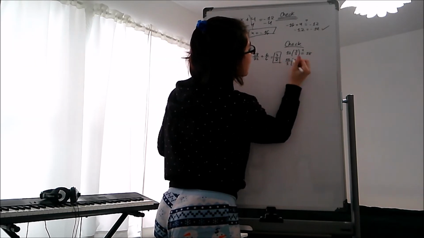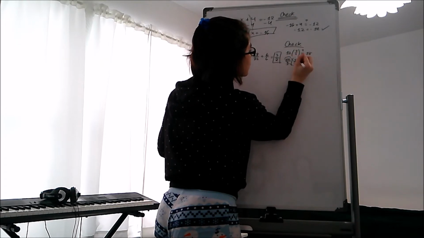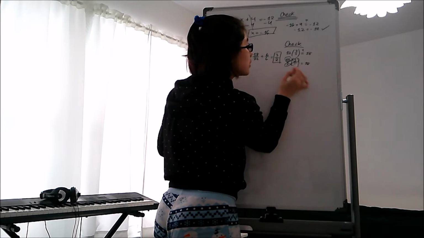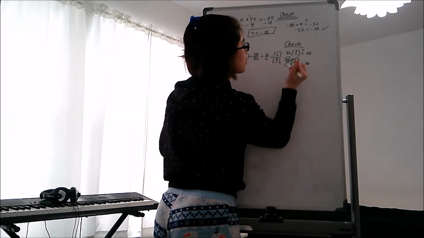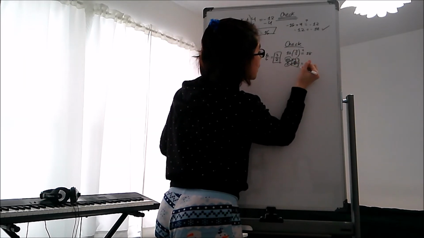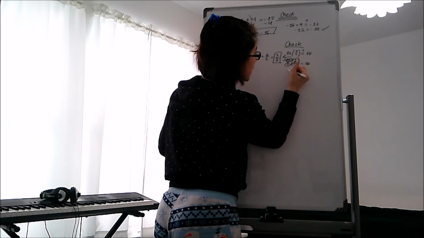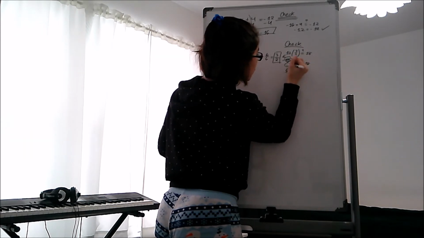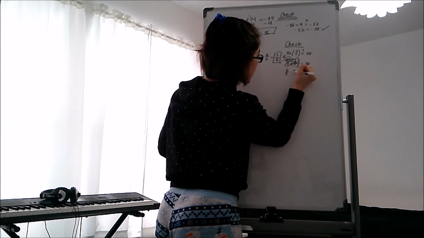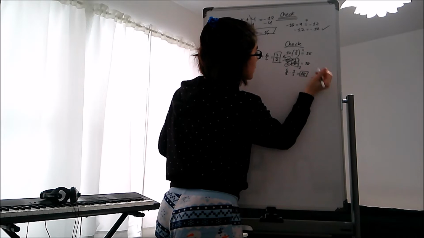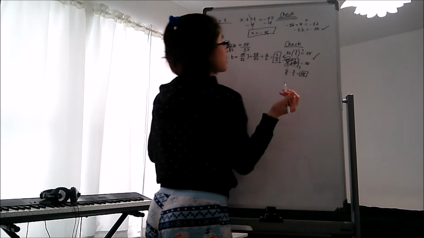If I look this way, cross multiplication, 12 and 2 share the factor 2. So I can divide 2 by 2 and get 1. I can divide 12 by 2 and get 6. 6 over 1 times 3 over 1 is 18, and that does check out to 18, so this works.